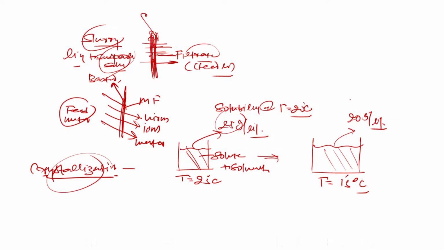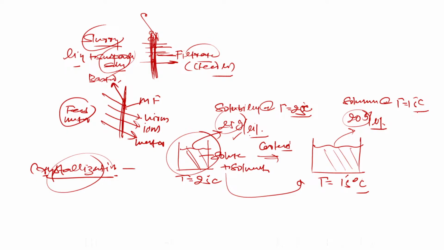So when the temperature has been changed, the solubility decreases. The difference in solubility results in the formation of crystals. Why? Because the maximum amount of solute which can be dissolved at 25 degrees Celsius is 25 gram, and at 15 degrees Celsius is 20 gram.